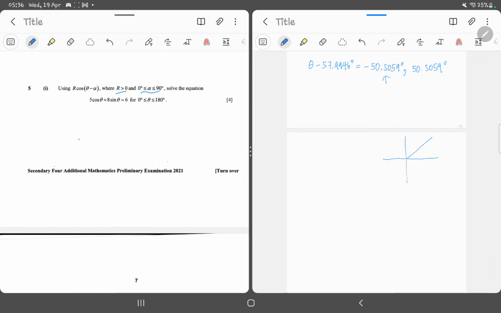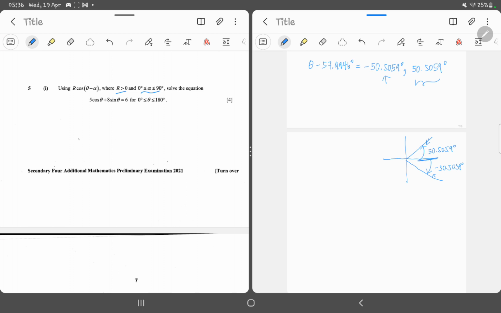We have our first quadrant, so this will be my first angle, 50.5059 degrees. We also know that in the fourth quadrant, cosine is positive, so there's another angle, which is negative because the arrow is in the clockwise direction. It's a negative angle if it's clockwise, and a positive angle if it is anti-clockwise from the positive x-axis.